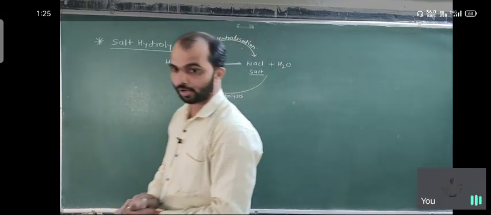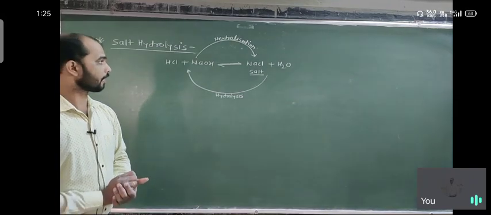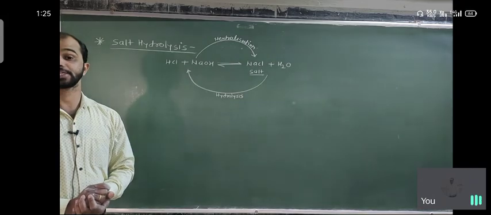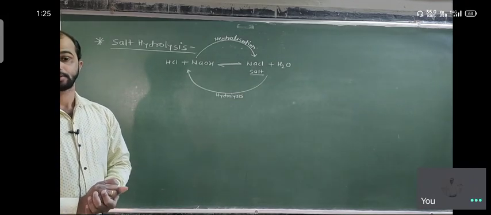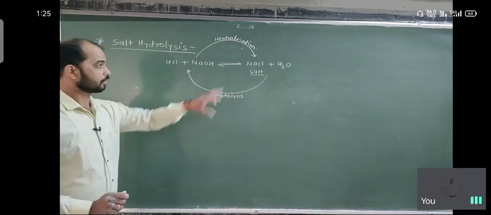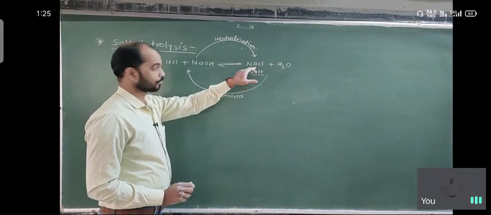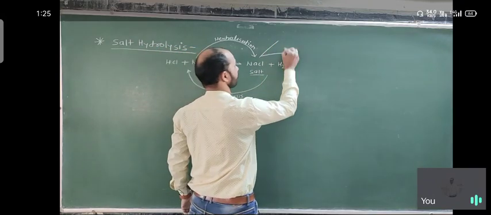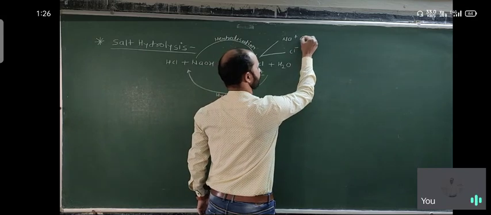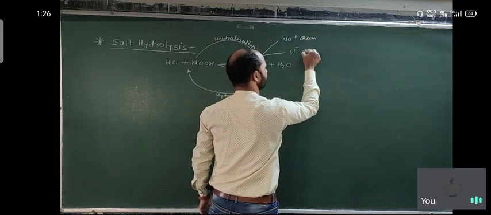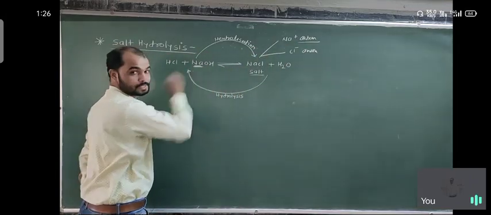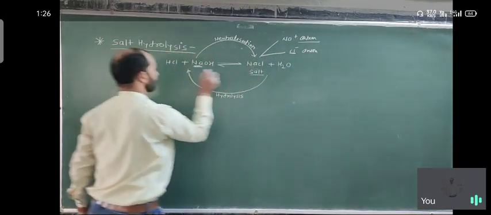The phenomenon is the interaction of the cation and anion of the salt with H plus and OH minus of the water. This salt has the cation Na plus and the anion Cl minus. The cation comes from the base, and the anion comes from the acid.